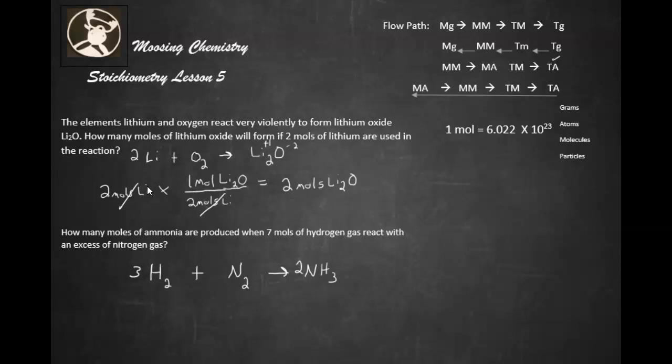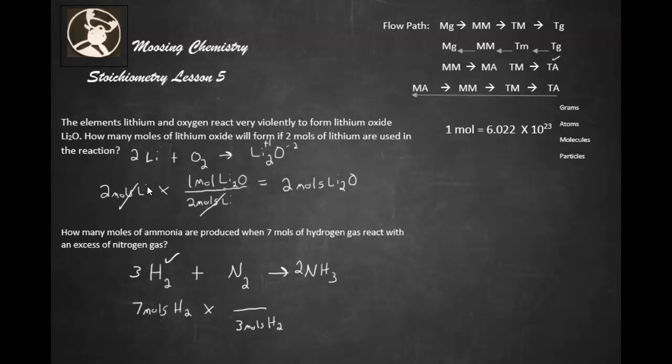Okay, now we have 7 moles of hydrogen gas. So we go 7 moles of H2, right? And we want to know how many moles of ammonia. So let's look at the molar ratio. It's a 3-to-2 ratio. We have 3 moles of hydrogen, and they go on the bottom.